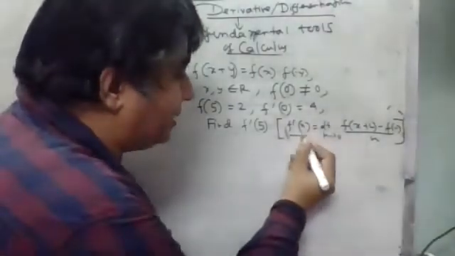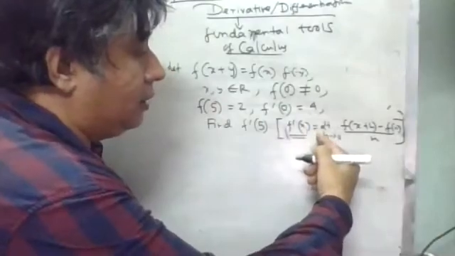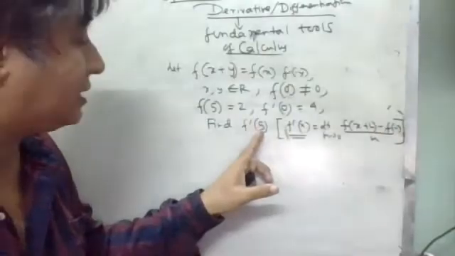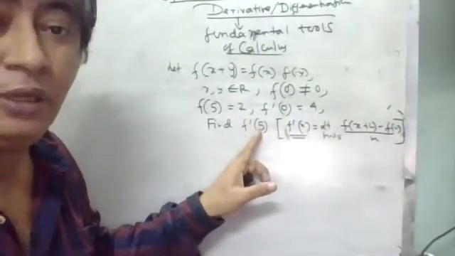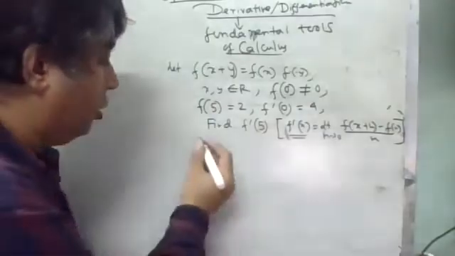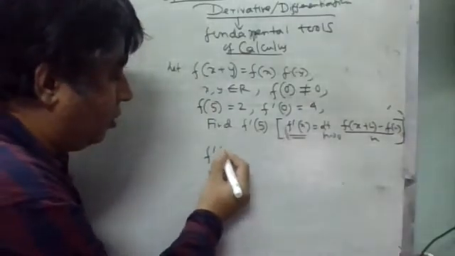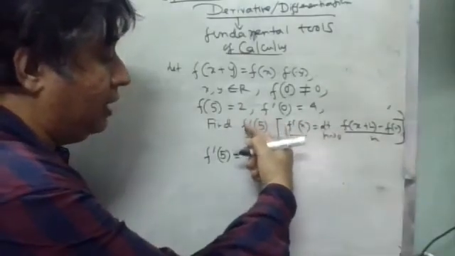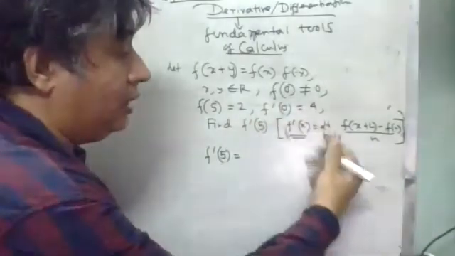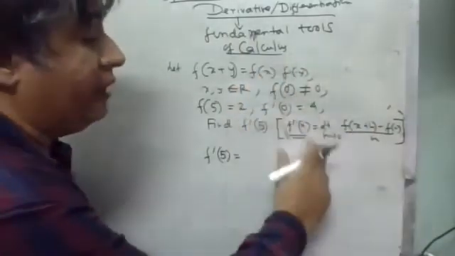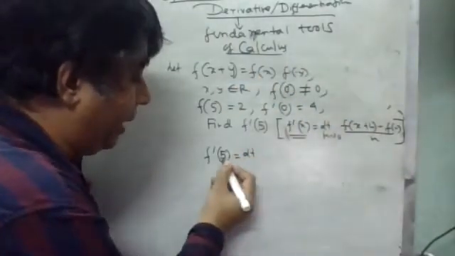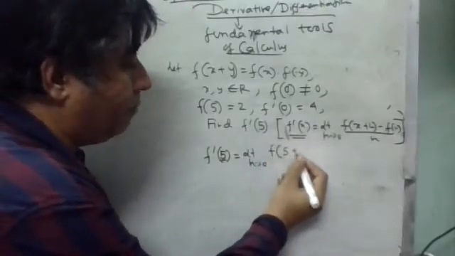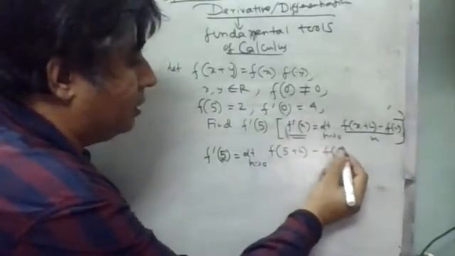Here f dash x is defined by this first principle, but here f dash 5 is given, which means 5 will play the role of x. So you start with that concept: for f dash 5, follow the definition of derivative. Here x is nothing but 5, f of 5 plus h minus f5.